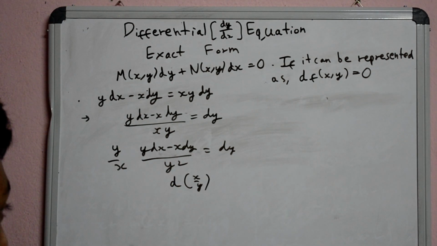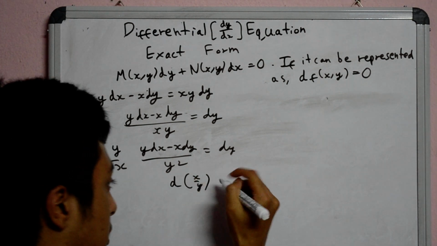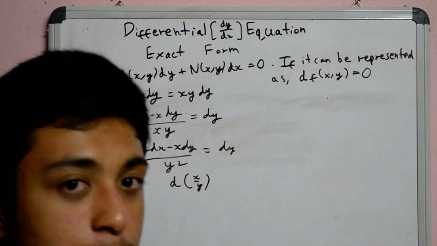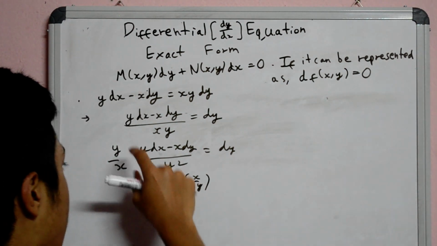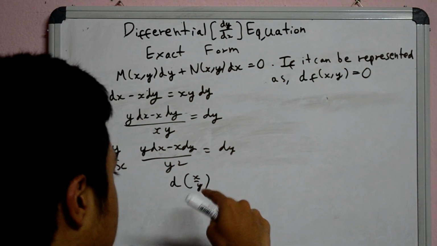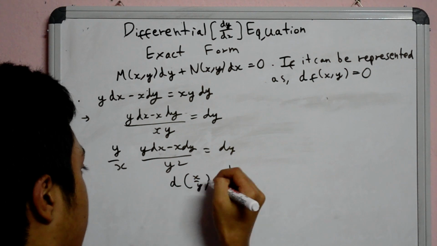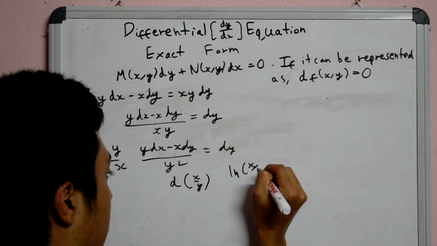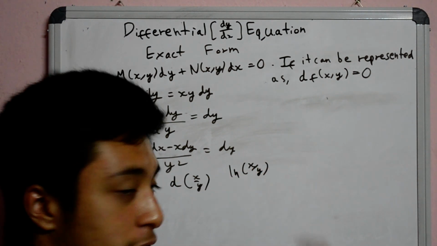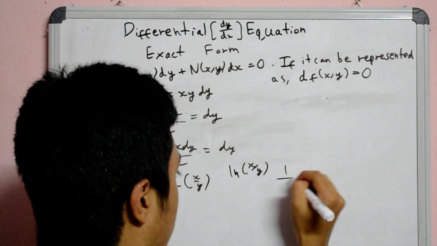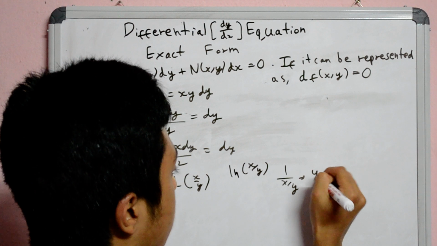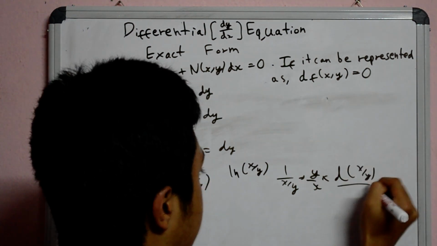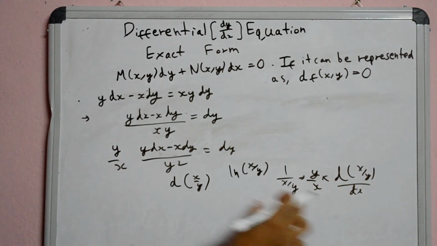Well, this is another pattern recognition. If you have another function on here, then you should always check the log of this function. So here, the log of x by y, if you use the chain rule, you'll get 1 over x by y, which will give you y by x into the derivative of x by y, which we have over here.